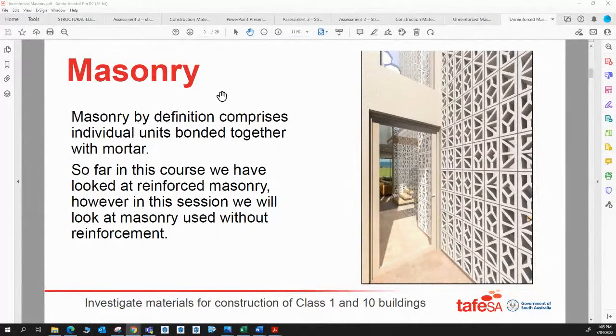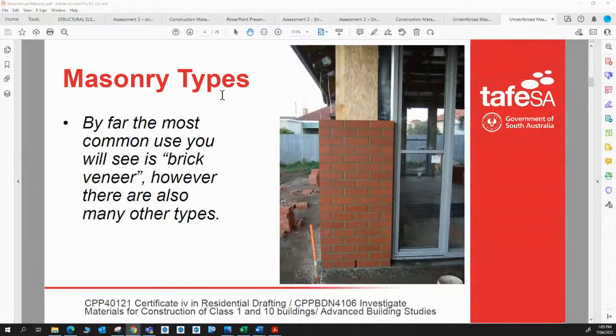But in the main, when we think about masonry, we think about some of the more solid, heavy, hard types of masonry, such as brick, concrete blocks, etc. So by far the most common we'll see is brick veneer. However, also very many types.